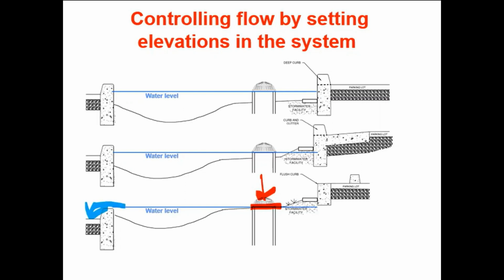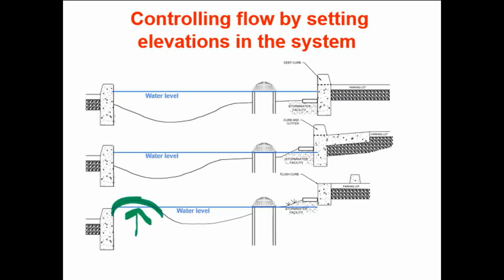So of course, we have two options available here. One is we can lower this raised drop inlet even more if that solves the problem. But another option that you may have to use is you may have to raise the land to create a dam before you get to the existing curb downhill.